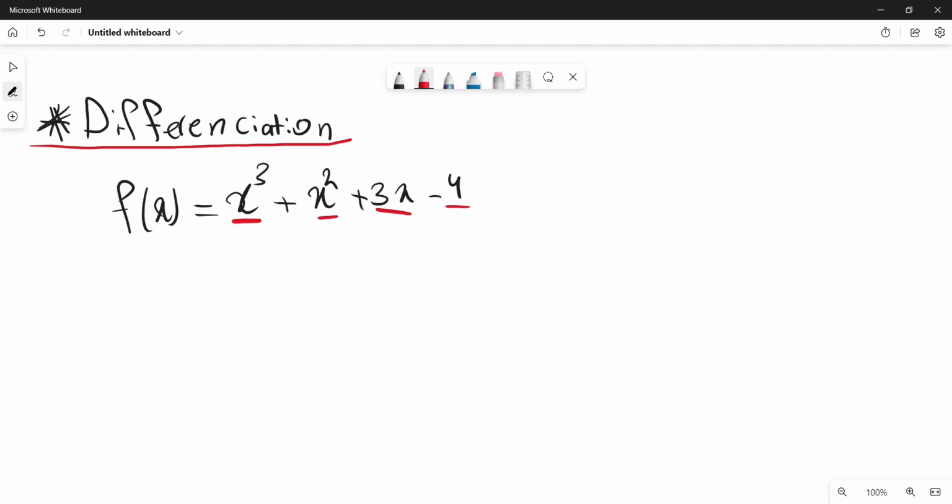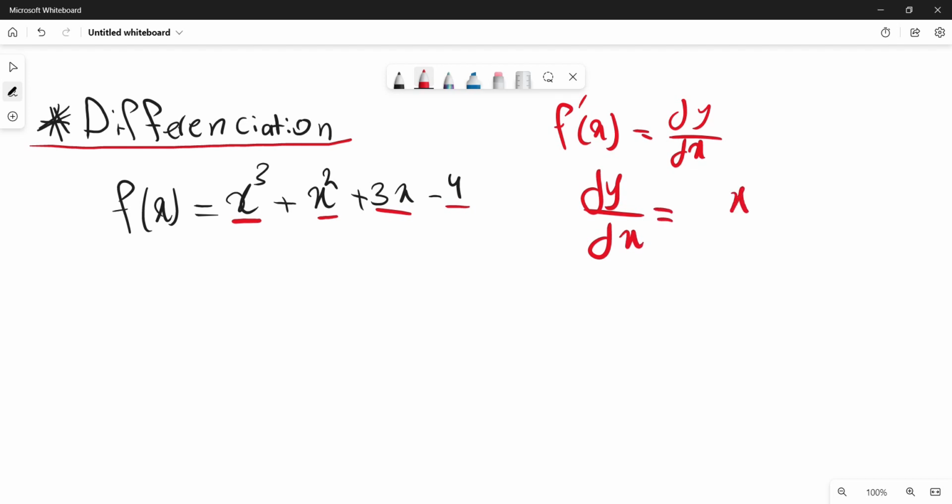What we learned as the formula: f prime of x is known as dy over dx, so they can be the same thing. So dy over dx is equal to n times a times x to the n minus 1. So f prime of x is equal to, how much here? 3 times 1.